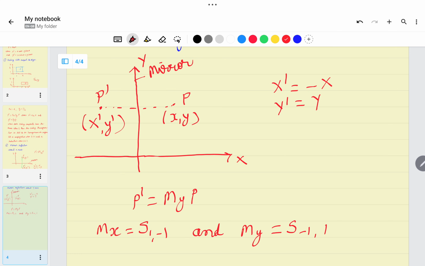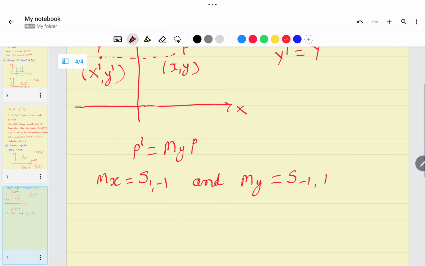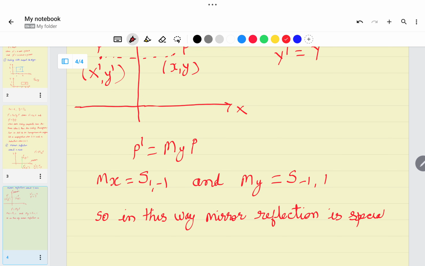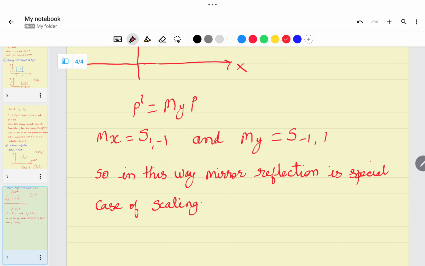So we can treat the mirror reflection as a special case of scaling. So we have learned all the four variations of 2D geometry transformation. Now let us learn about inverse geometric transformations.